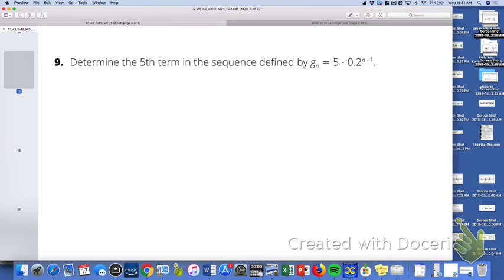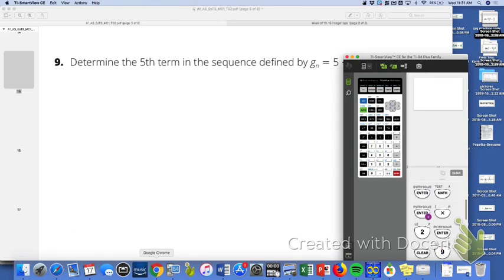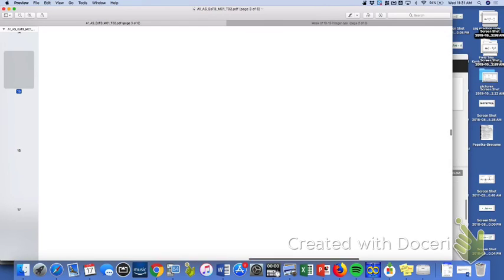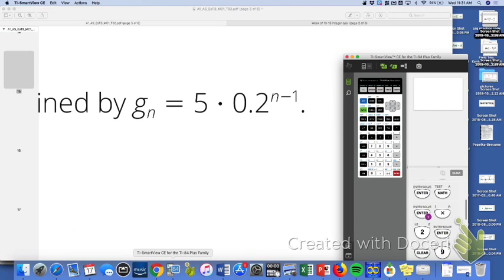Calculator. I'm going to remind you how to get the calculator to do all the work for you for this problem. Grab a calculator. If you don't have it, you need your calculator. Okay, so I've got my graphing calculator over here to the side. It's going to do all the work for me.